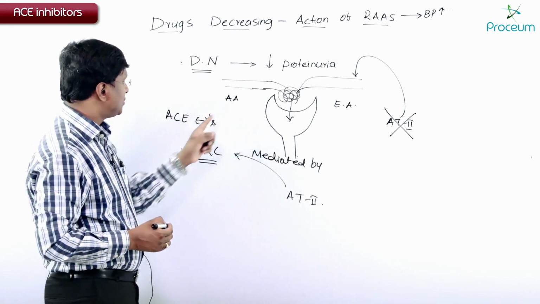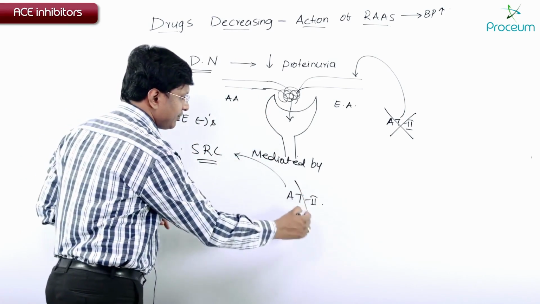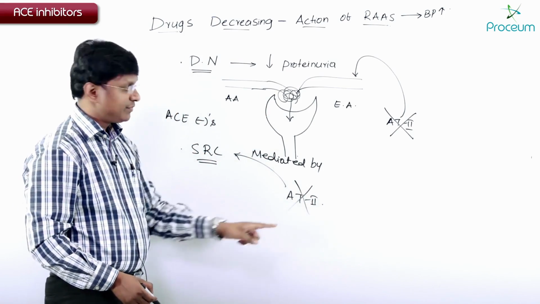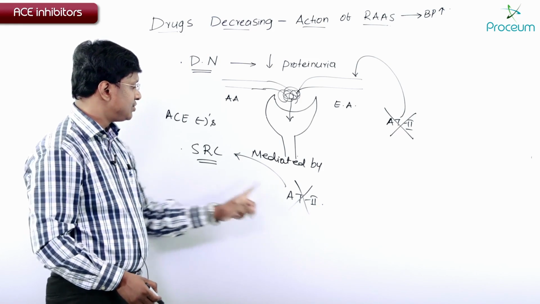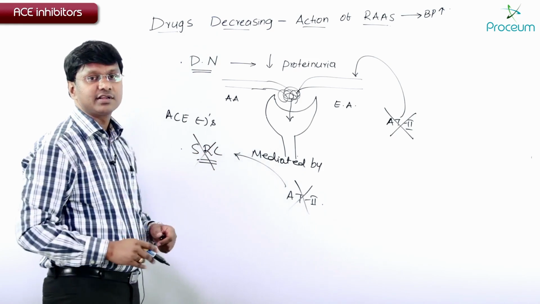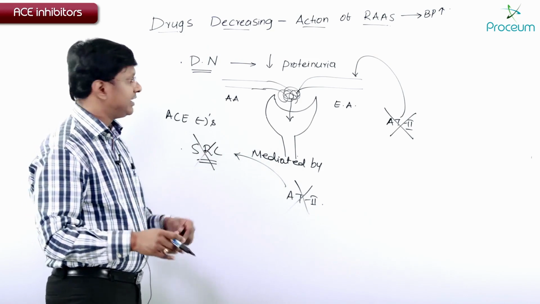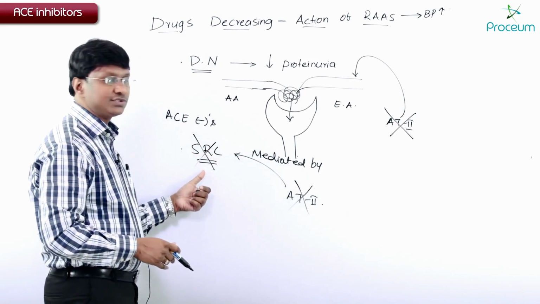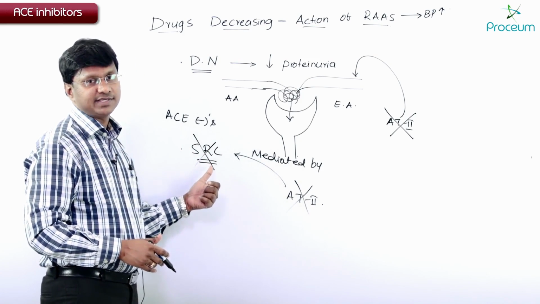Now when you are using these ACE inhibitors, there is no formation of angiotensin 2 at all. When there is no formation of angiotensin 2, there is no scleroderma renal crisis at all. So in that way, these ACE inhibitors are used in the treatment of scleroderma renal crisis.